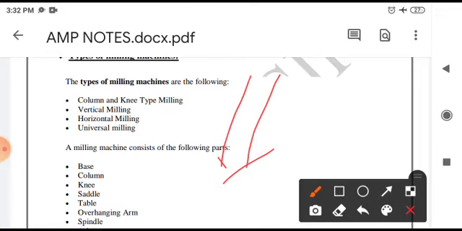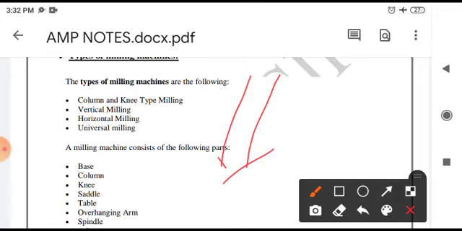Fourth is the production milling machine, with three types: rotary type, drum type, and tracer controlled milling machine. The last one is the special milling machine, including planetary, profile, thread, gear, and cam milling machines. All these machines are special purpose, used to manufacture only special workpieces. They are not universal.